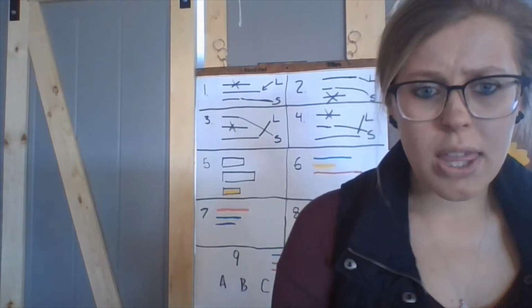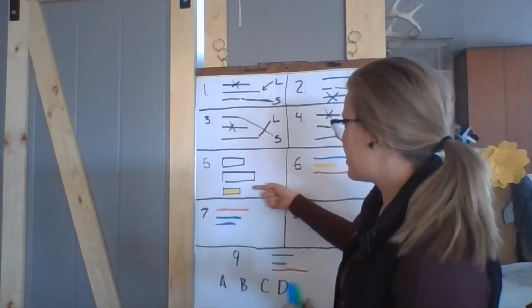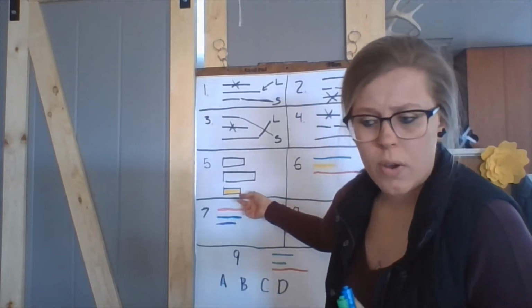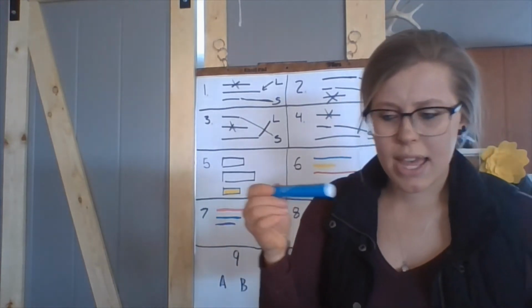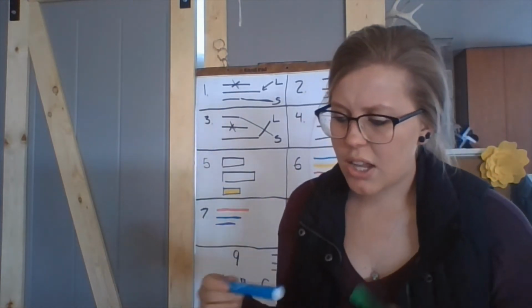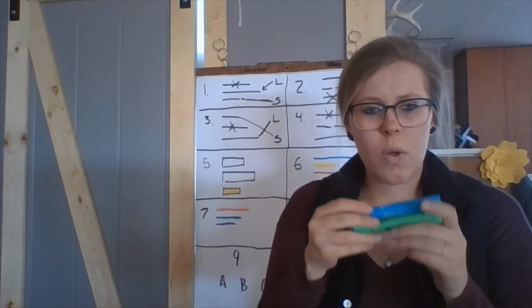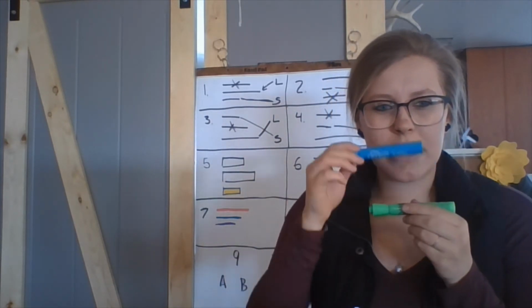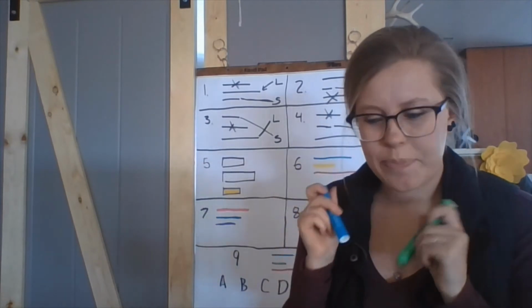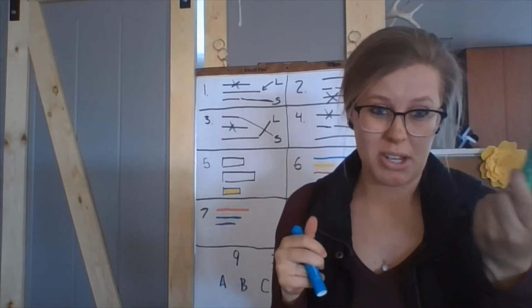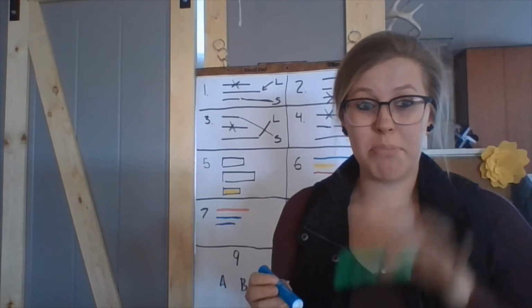So we know that the shortest is orange or yellow, and we know that the blue crayon is longer than the green one. So if it's longer than the green one, that means this one should be the largest, okay? And then the green one should be the middle, because this one's smaller than blue.